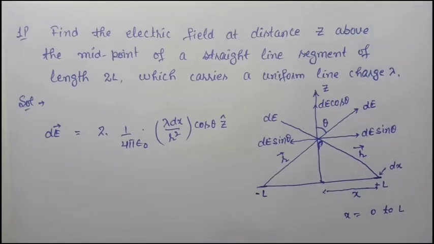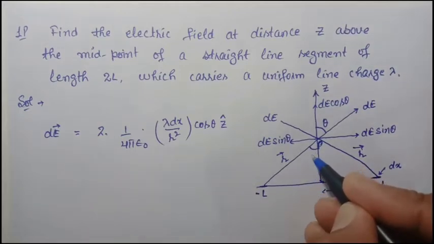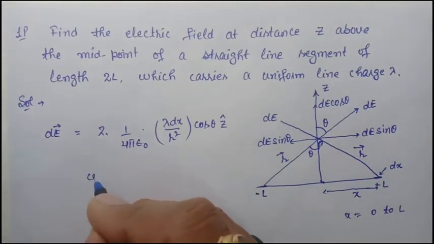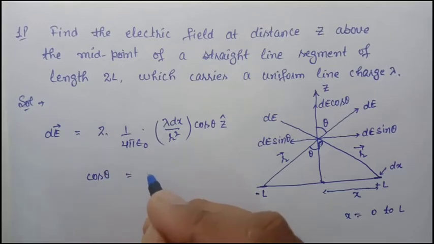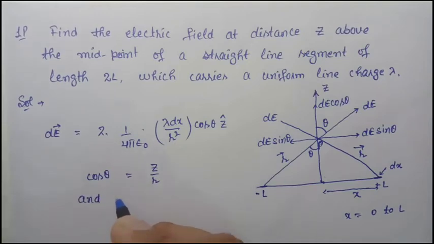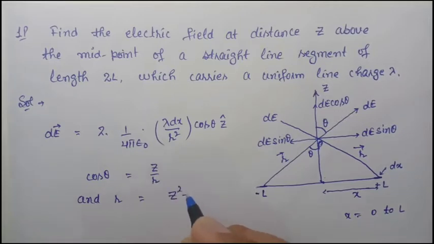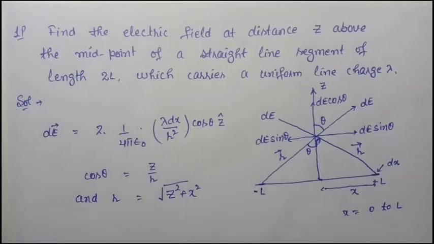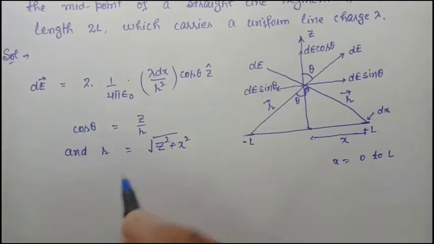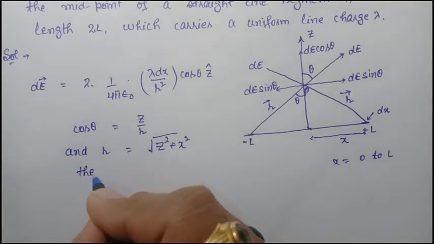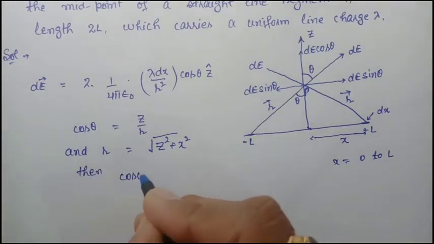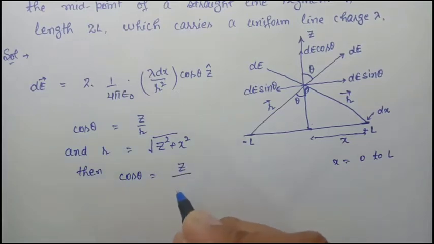Here we have angle theta, so in this case cos theta equals z by r, and r equals the square root of z square plus x square. So cos theta equals z over the square root of z square plus x square.